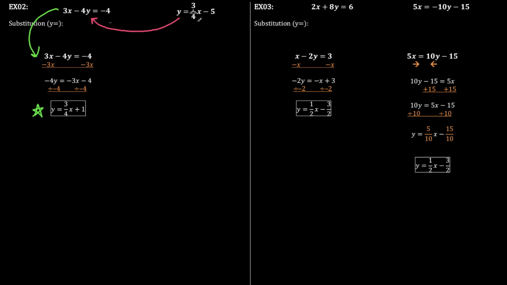But I want to show you what happens if you try, okay? So 3x, that way if you end up in this situation, you'll understand what's happening. Minus 4y equals negative 4. And instead of the y, I'm going to write 3/4 x minus 5.